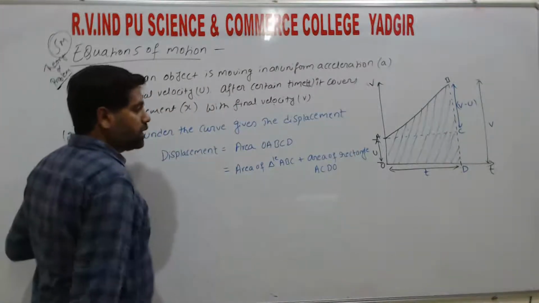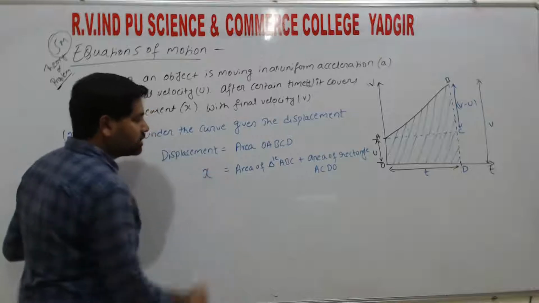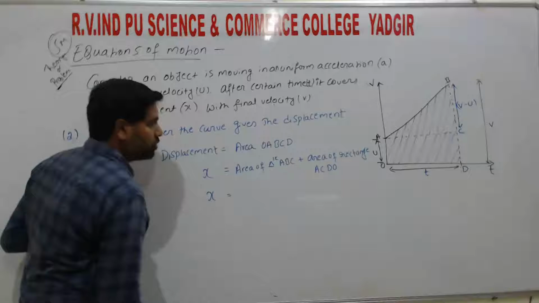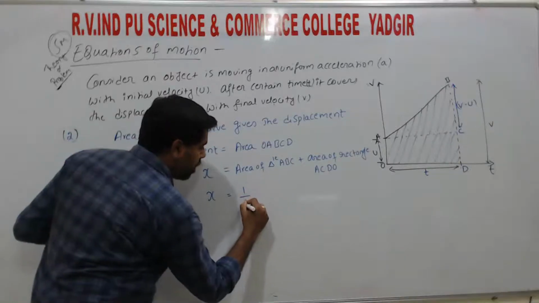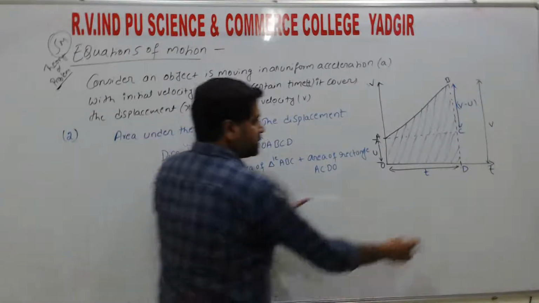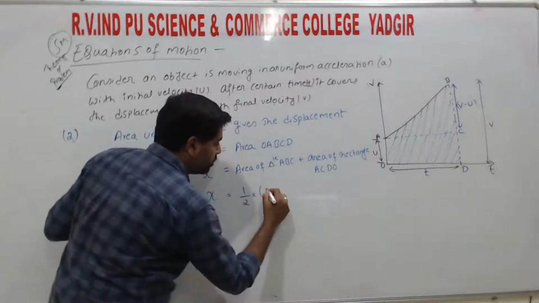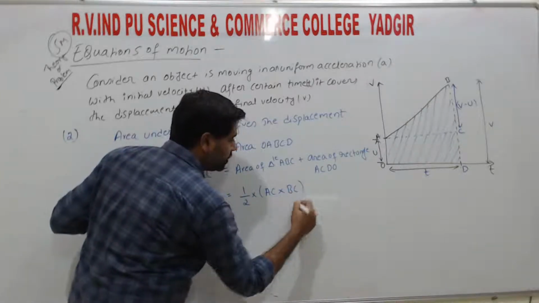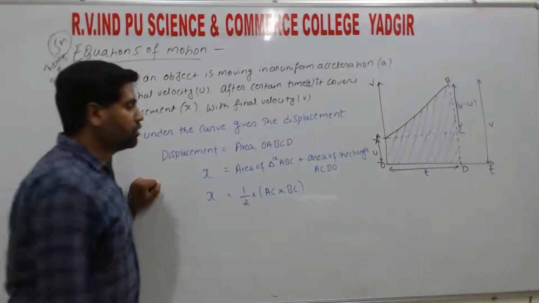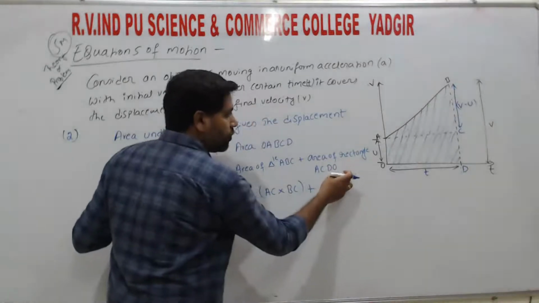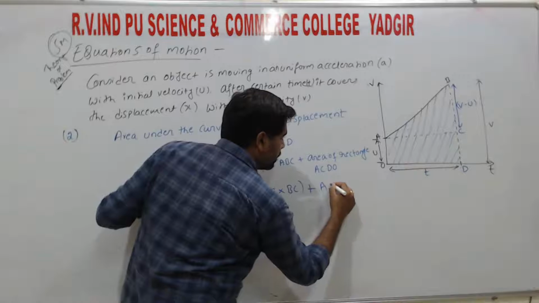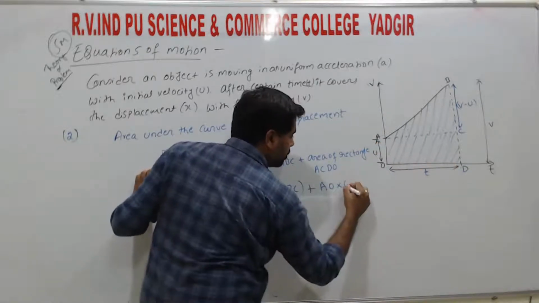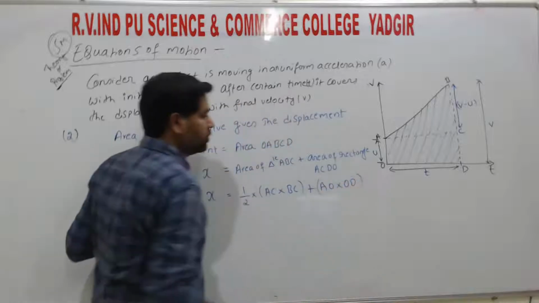So here displacement we take as x. So x is equal to half into base AC into height BC, plus area of the rectangle, breadth AO into length OD. Right?